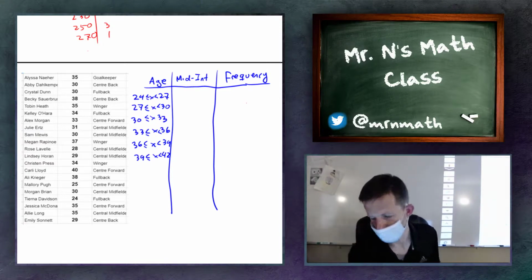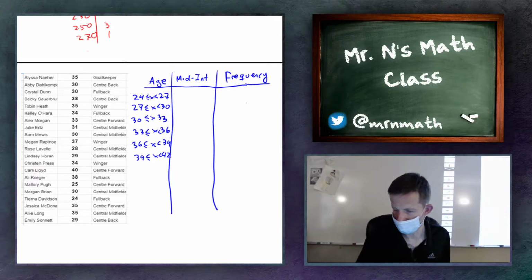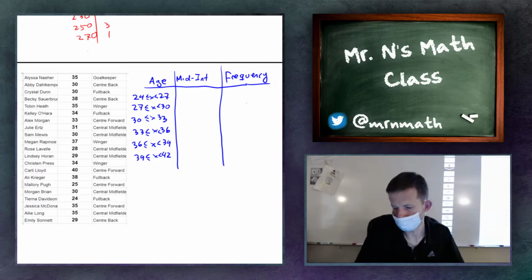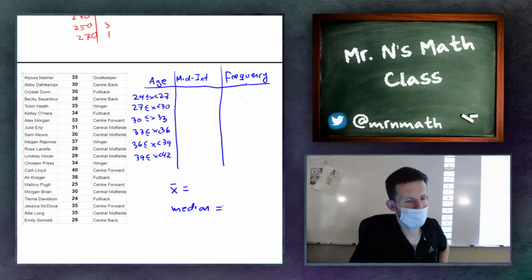Find the mid-interval of each of those, and then find the frequency of each of those. And then find the mean and the median.